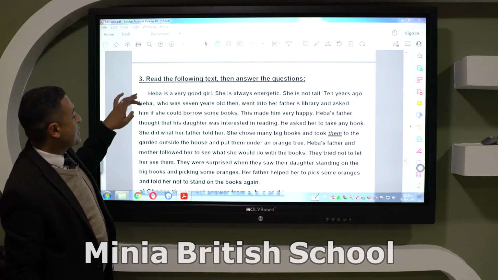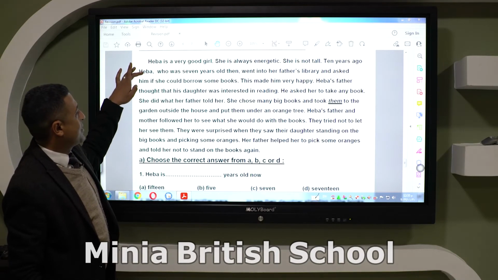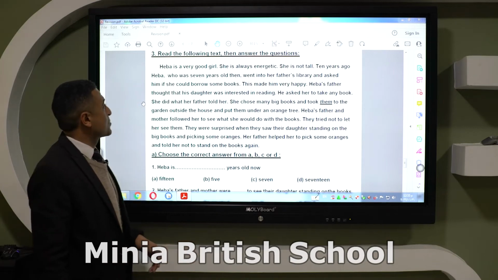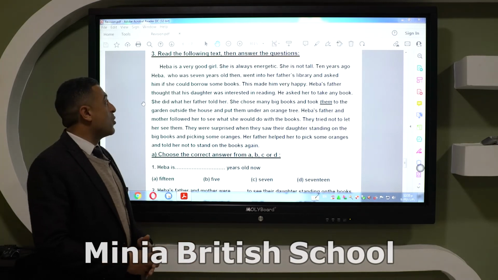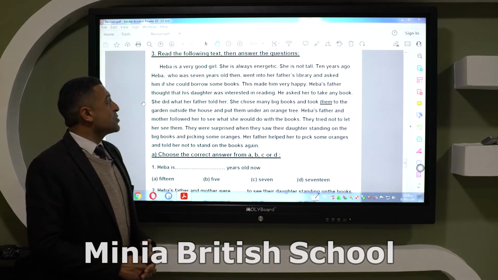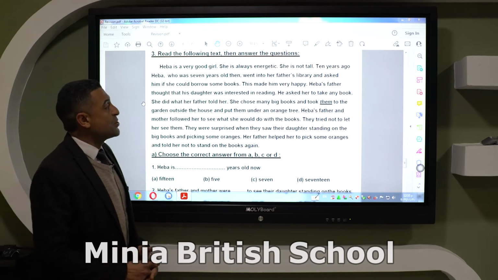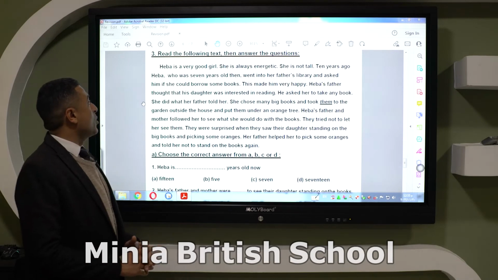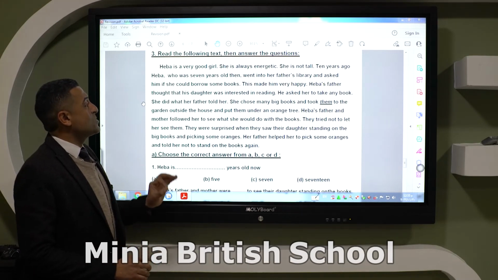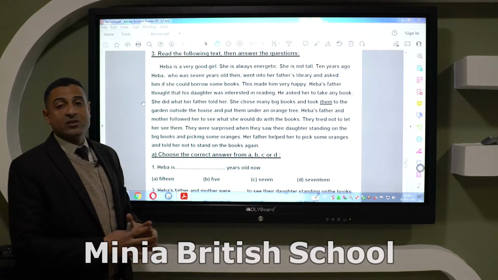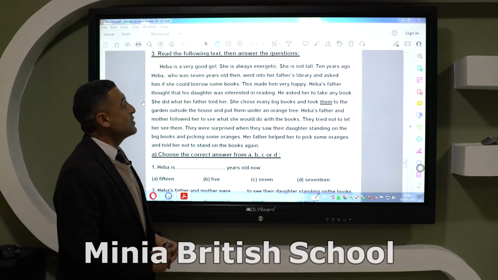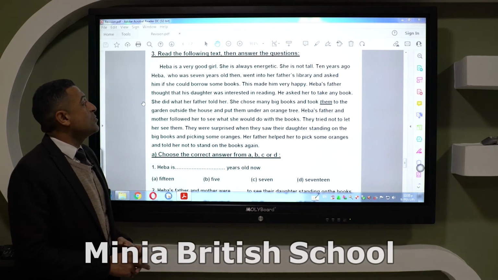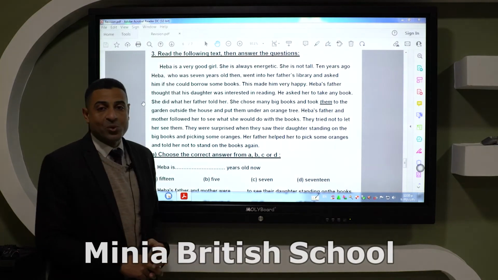Then the reading text. Here we are talking about a girl who is called Hiba. So Hiba is a very good girl. She is always energetic. She is not tall. Ten years ago, Hiba, who was 7 years old then, went into her father's library and asked him if she could borrow some books.